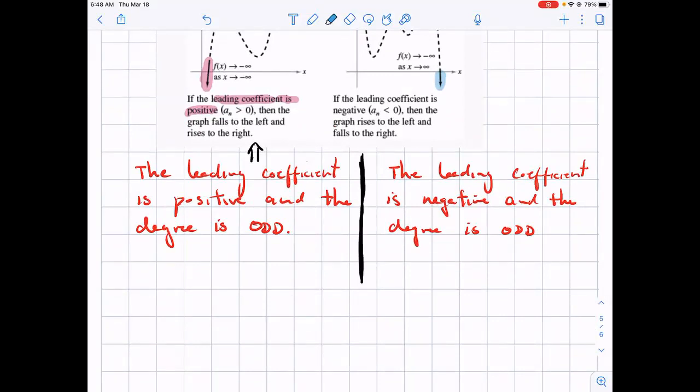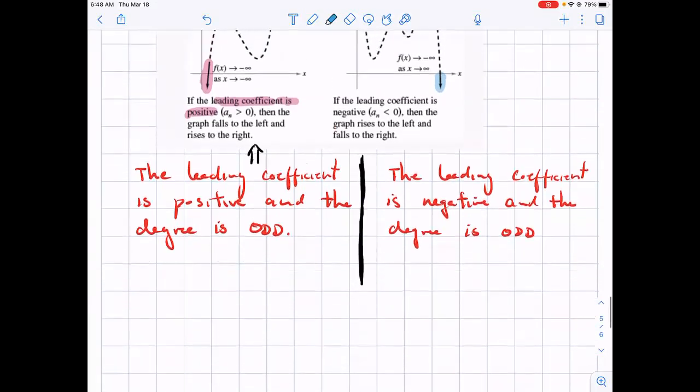Now, there's a mathematical way of writing this, which you should be aware of.